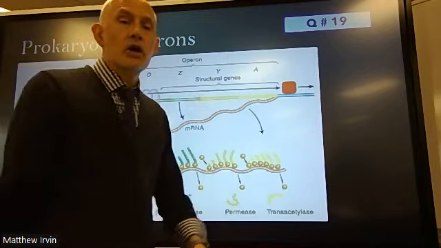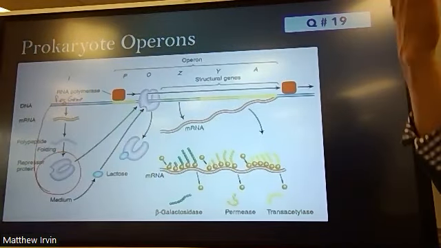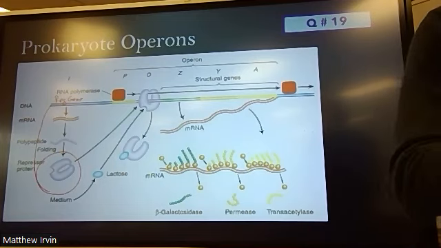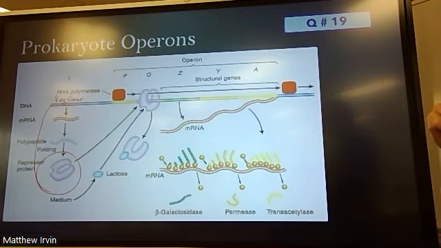Now, the question is whether the repressor is on or off. And that's going to be the difference of how the repressor gets turned on and off. That is the difference between a repressible operon and an inducible operon. And so is this inducible or is this repressible?